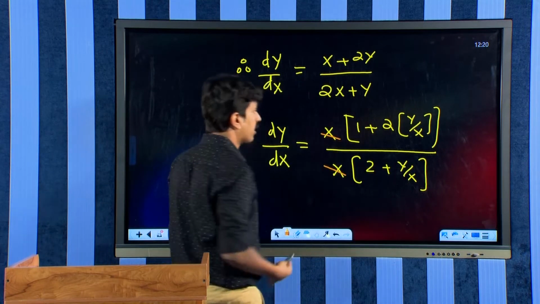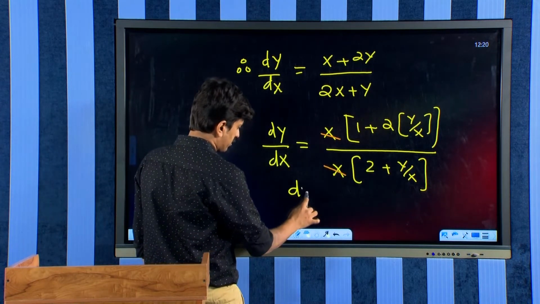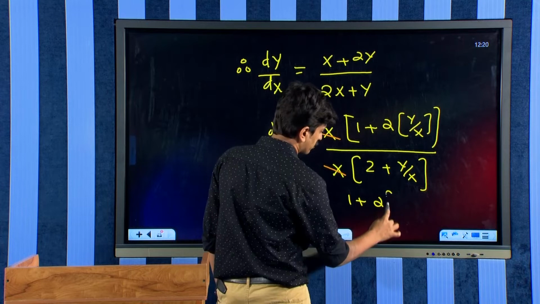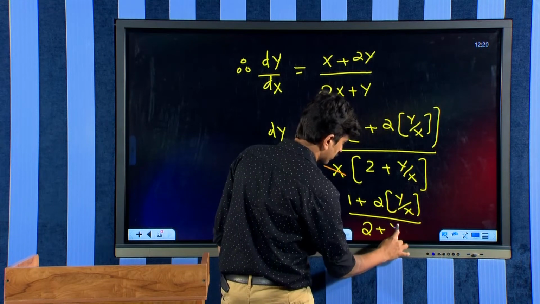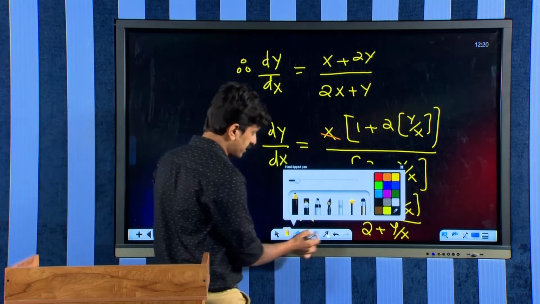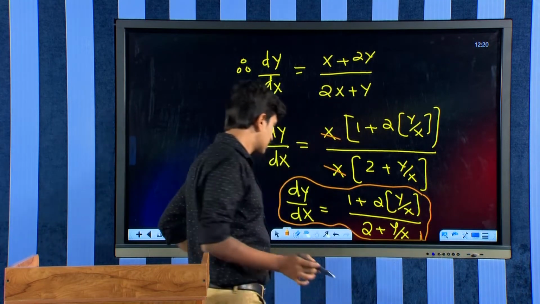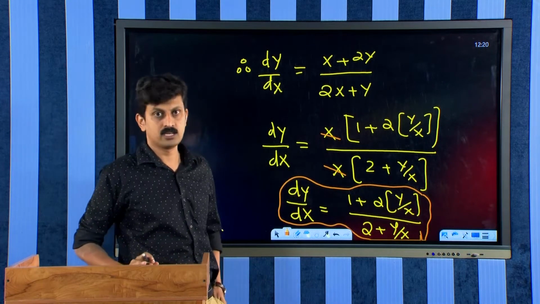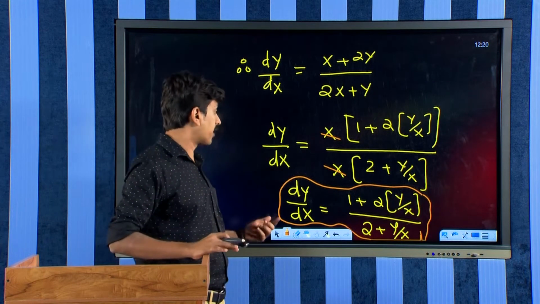So, dy by dx is equal to 1 plus 2 into y by x divided by 2 plus y by x. While seeing this equation, we understood that this is homogeneous, because dy by dx equals some g of y by x. So, that is homogeneous. Now, we have to give some substitution. So, we put capital Y is equal to Vx.